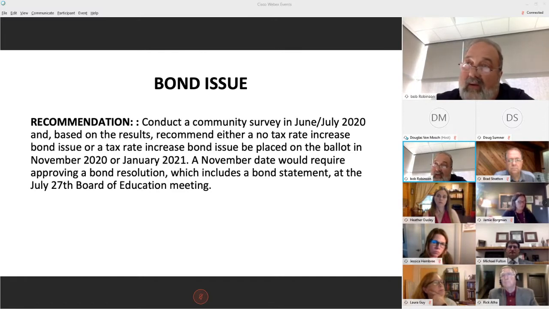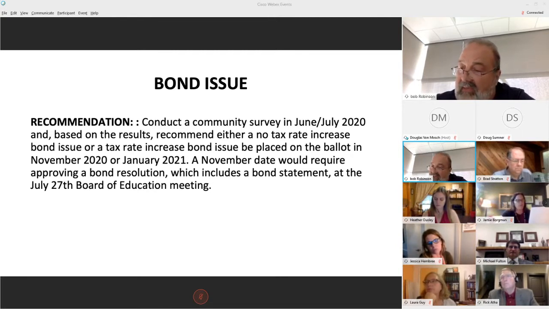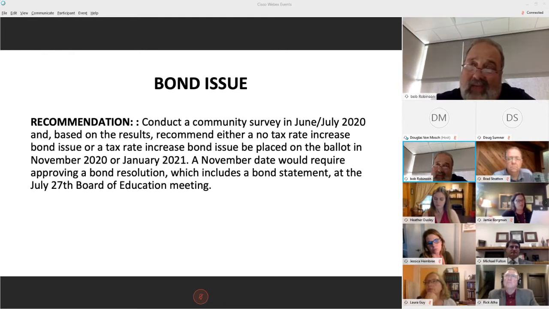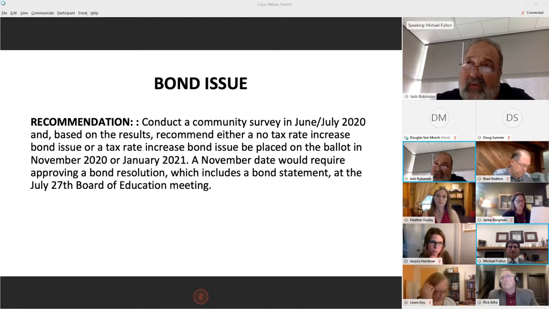We evaluated our 10 oldest elementary schools. We evaluated our middle school and high school, and they actually used a process that evaluated them, giving them a point system. So we really had a good feel for what was needed in each one of those sites. Our HVAC and roofs, we keep data on those constantly.